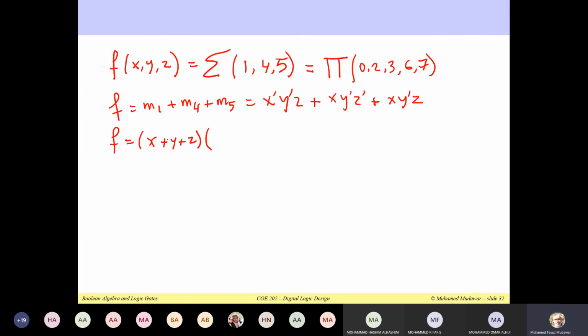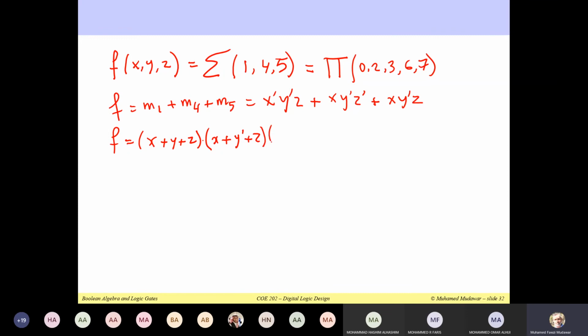So I have to write the max terms between parentheses, and of course there is a dot in between. So it's a product of max terms. Second one, max term 2: X or Y prime or Z. Remember we have to say or, because it's a plus term, an or term. Excellent.